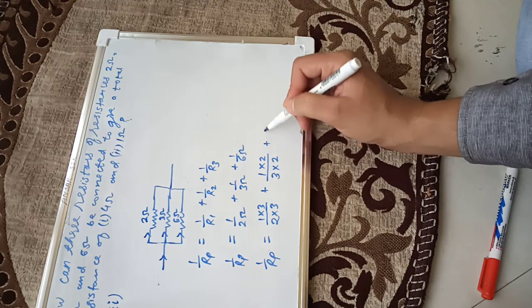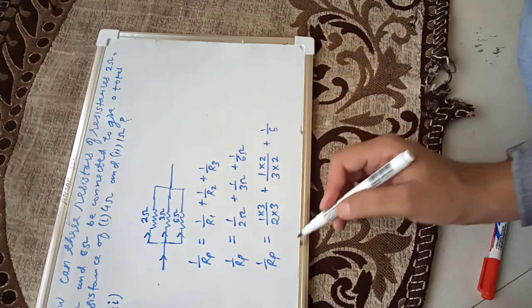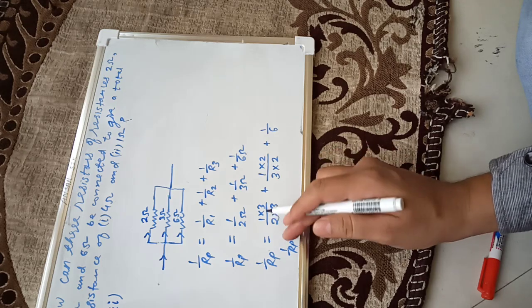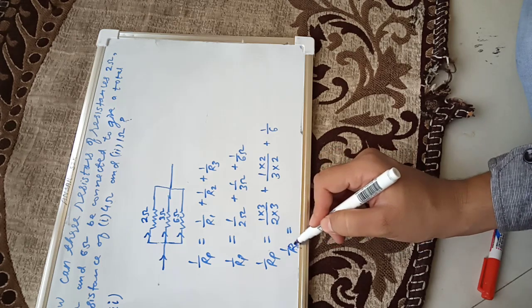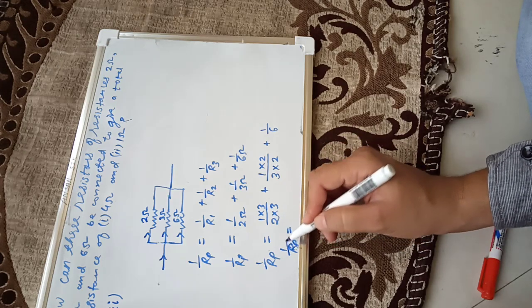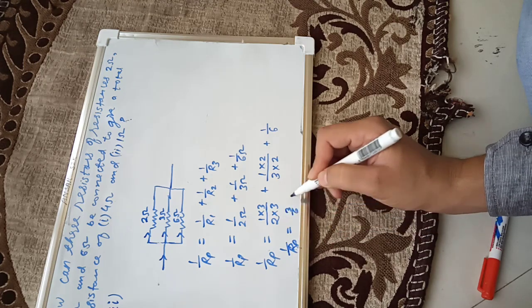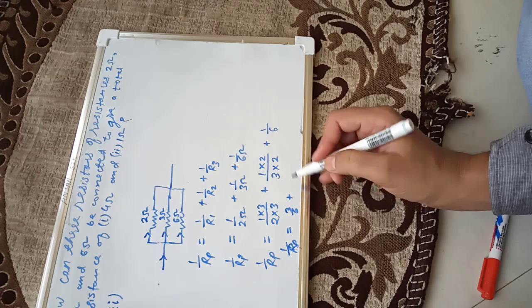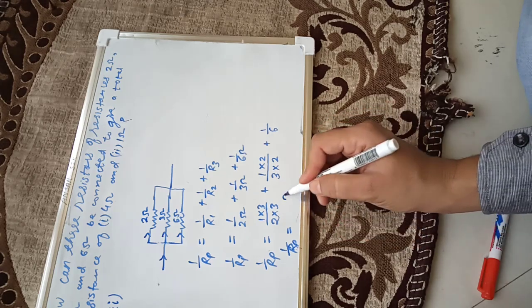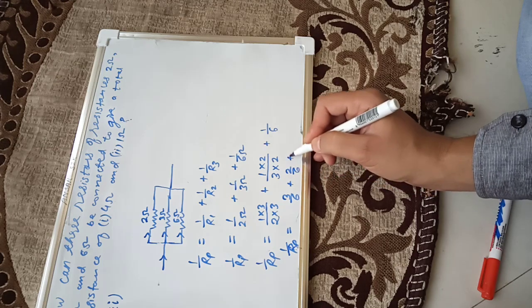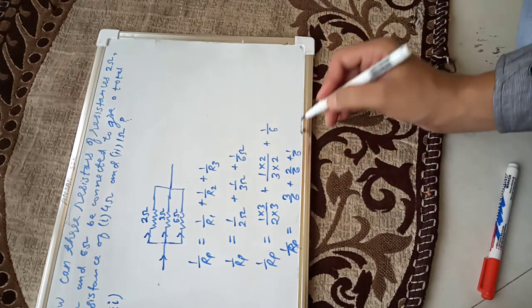You know, mathematics is already known to you. So 1 upon R parallel, subscript Rp, resultant of resistance in parallel, will be equal to 3 by 6 plus 2 by 6 plus 1 by 6.